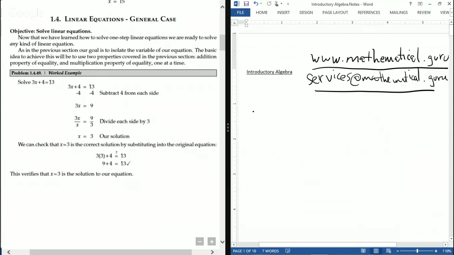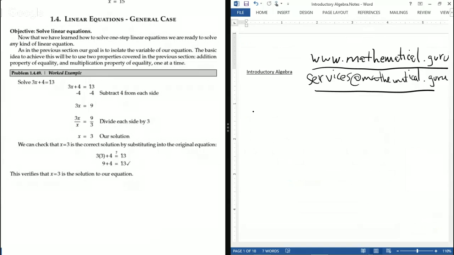So it starts off with the objective. It says solve linear equations. Now that we have learned how to solve one-step linear equations, we are ready to solve any kind, which are basically the two-step, or two or more steps. As in the previous section, our goal is to isolate the variable because that's what we want to solve for.